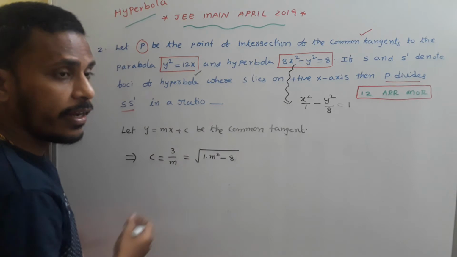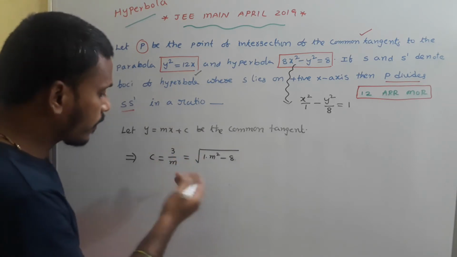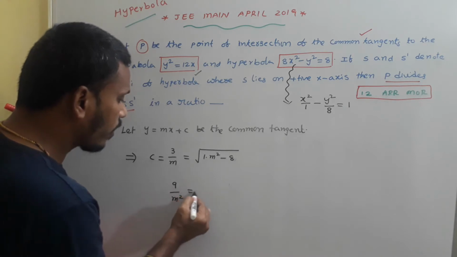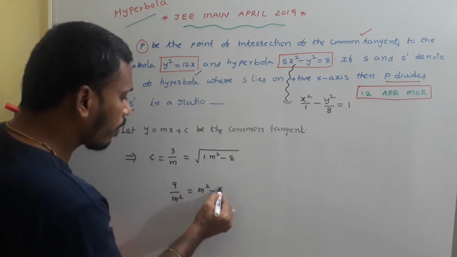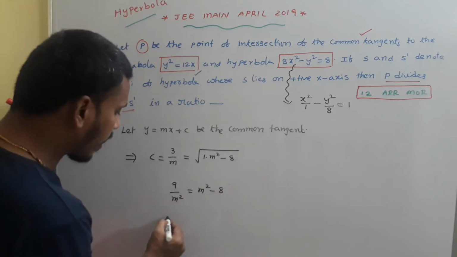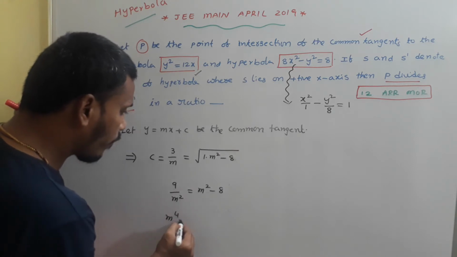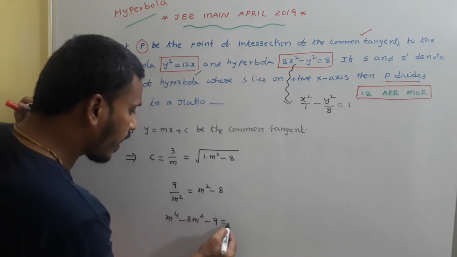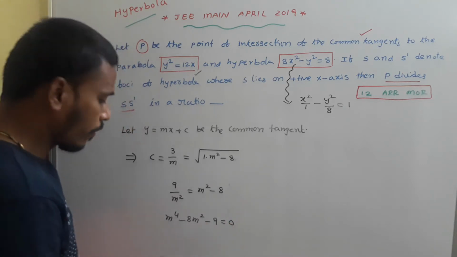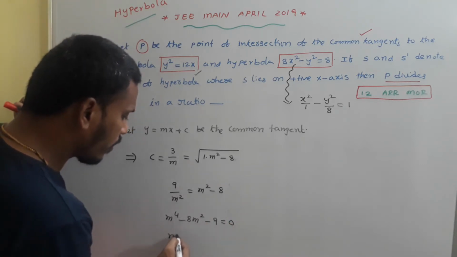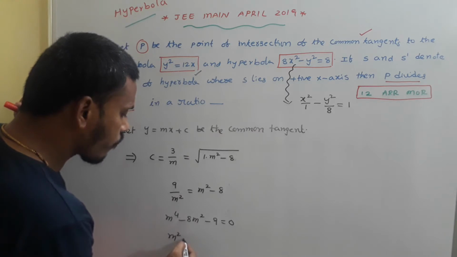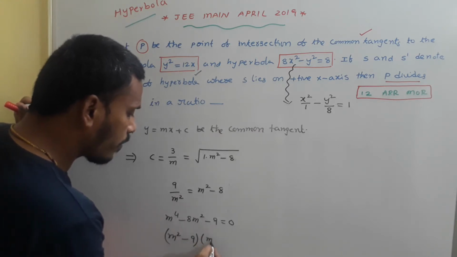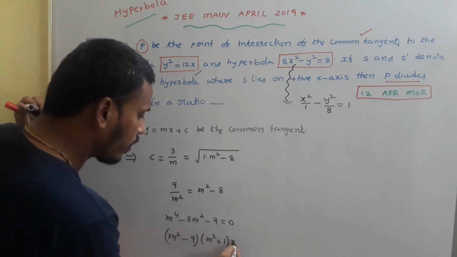Our task is to find m. Just do squaring on both sides: 9 divided by m square is equals to m square minus 8. Just do cross multiplication: m power 4 minus 8m square minus 9 is equals to 0. Then this is simply m square minus 9 into m square plus 1 is equals to 0.